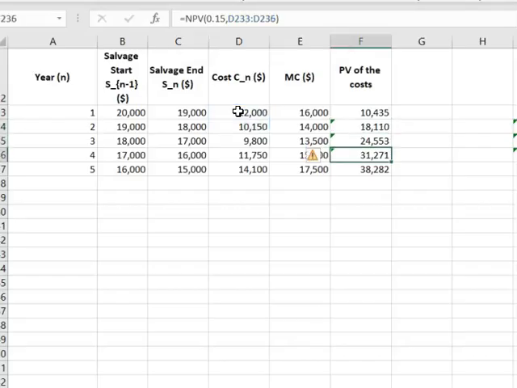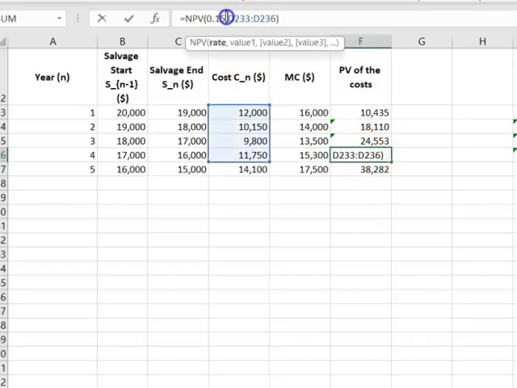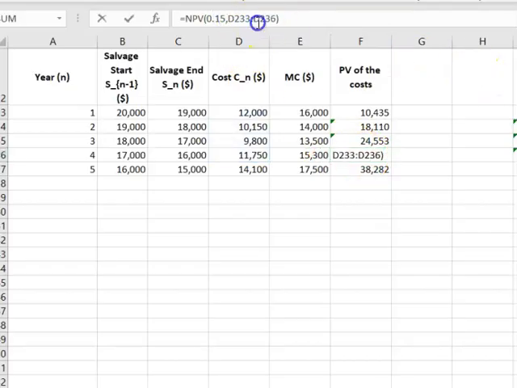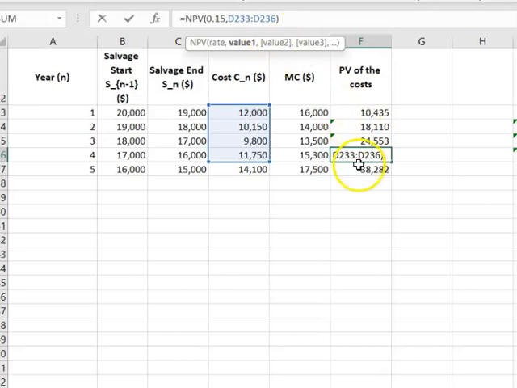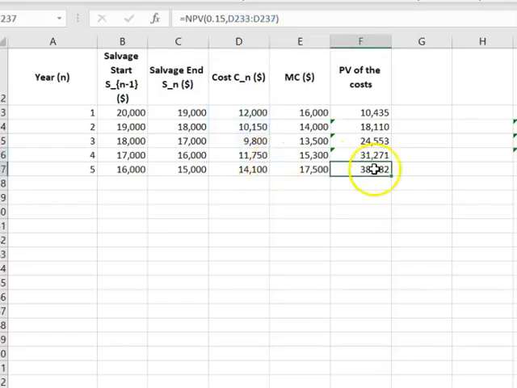We continue like this, and as another example, I show you for year 4. And as you can see, the same story. Net present worth of these 4 years of costs, and you get the results here.